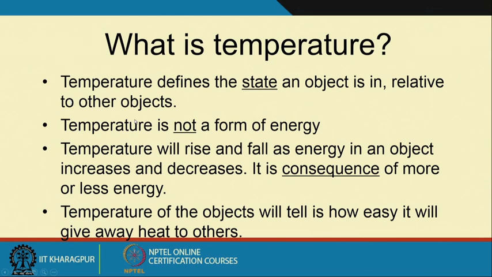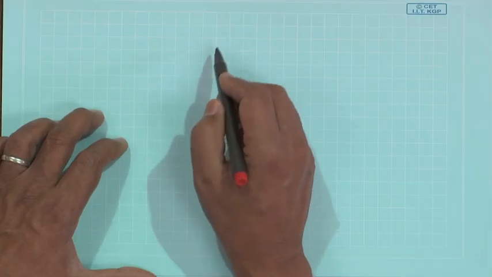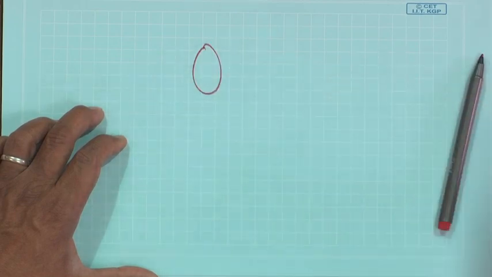So, temperature is an indicator of energy, though it is not a form of energy. Temperature will rise and fall as energy in an object increases and decreases. It is a consequence of more or less energy. So, the temperature of the objects will tell us how easy it is to give away heat to others. Heat energy will flow from a high temperature body to a low temperature body.